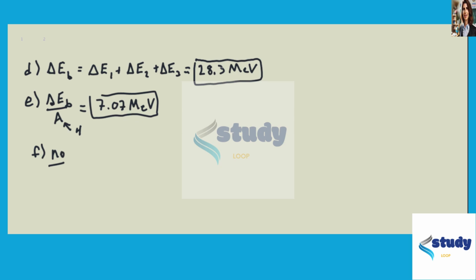And similarly here, with the steps of each removal, just the fact that you're not taking it apart completely in one step, of course it's not going to be the same. None of these are going to be the same as the total binding energy. So this makes sense. And we're finished with the problem.